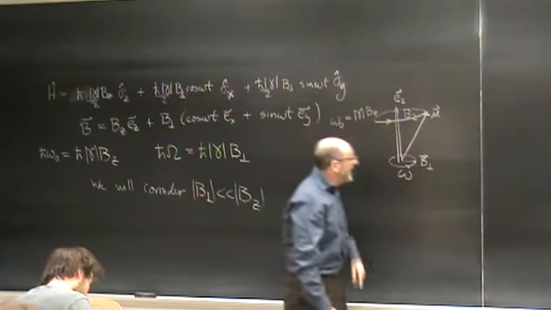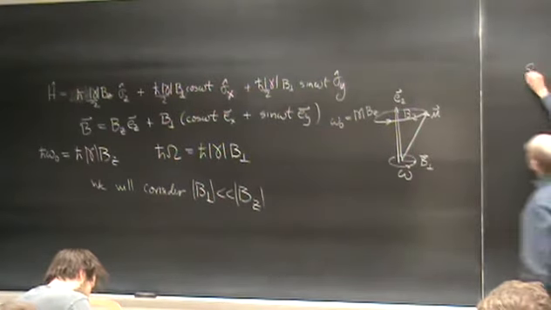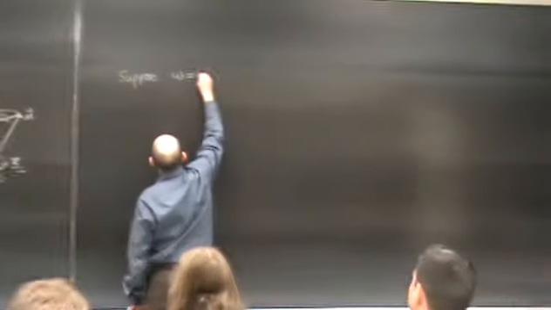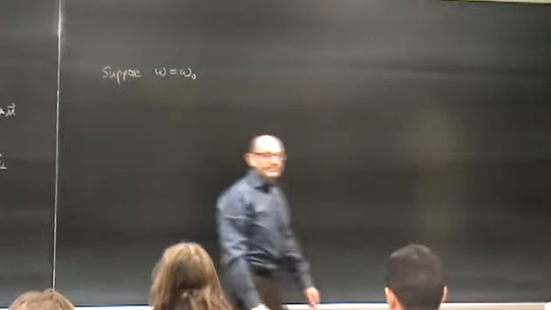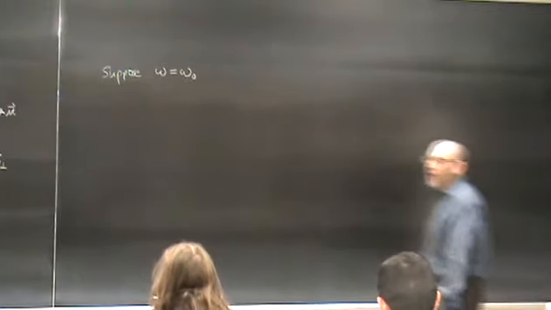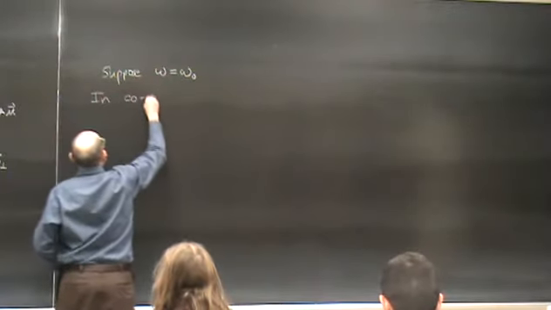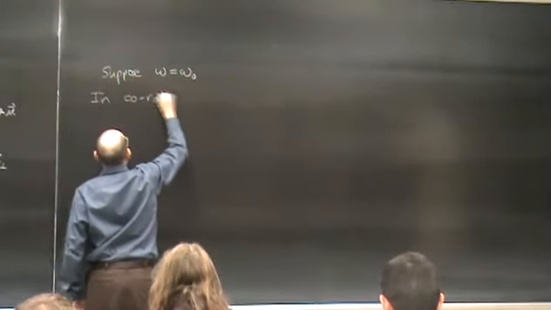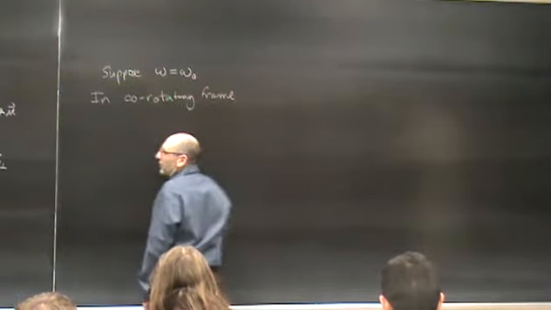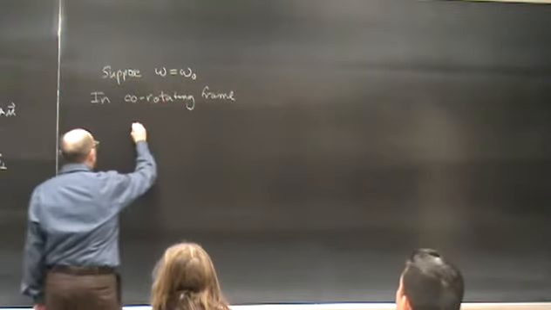For example, suppose that I'm right on resonance. Suppose that omega equals omega naught. Well then, in the co-rotating frame, what does the spin see? It just sees a constant magnetic field.